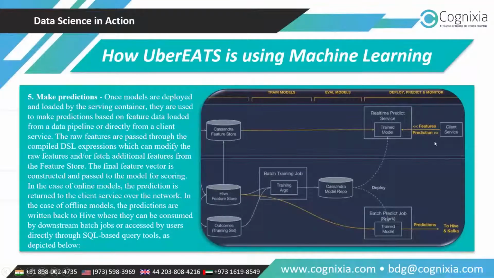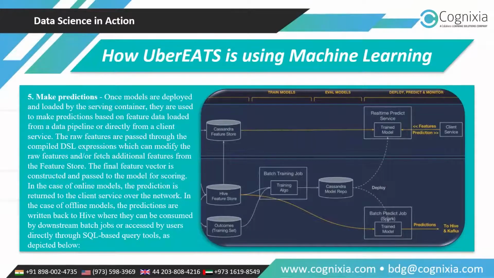What can this information be? It can be the time at which you made the order, which particular food you ordered, from which particular restaurant, what your geographical location is, what the weather condition is at that time, and what the traffic condition is at that time.